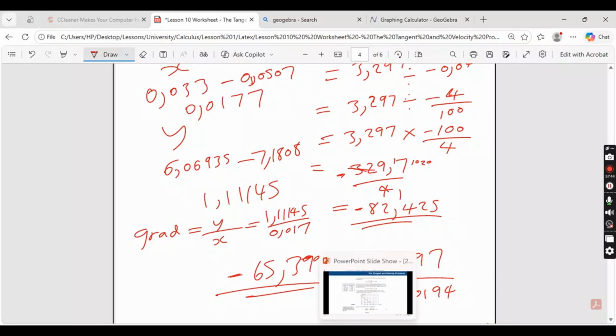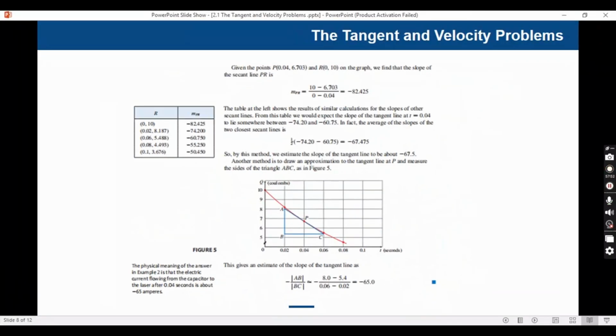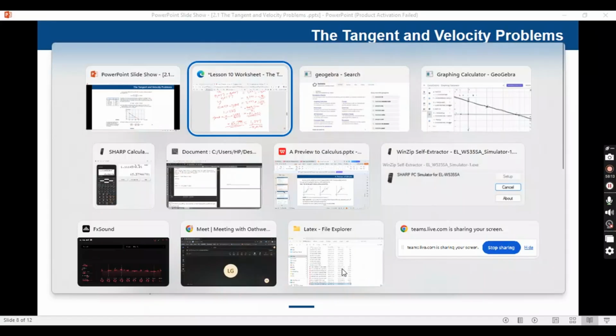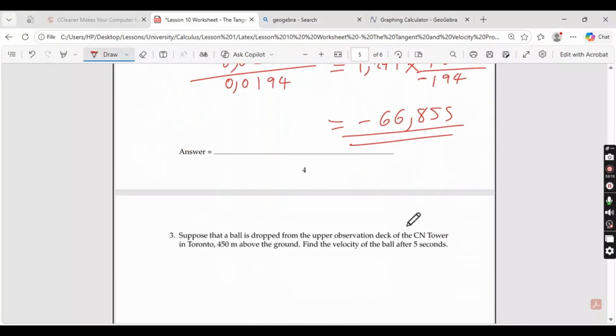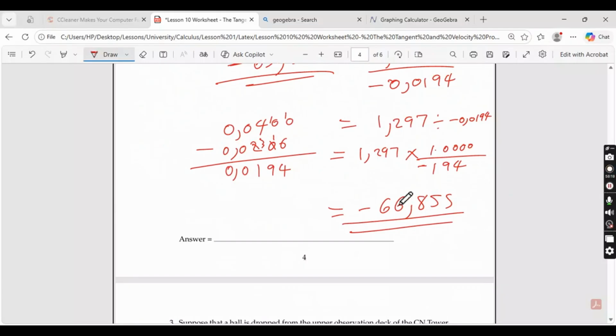So that's the method that they used instead of trying to get a point from here, then a point from there. But it should generally give us this. I think this is the same way as the method that we used at first, the second method where we got negative 66.855.